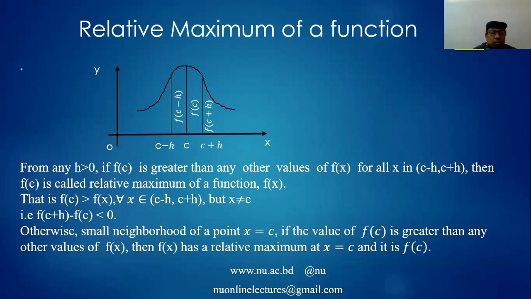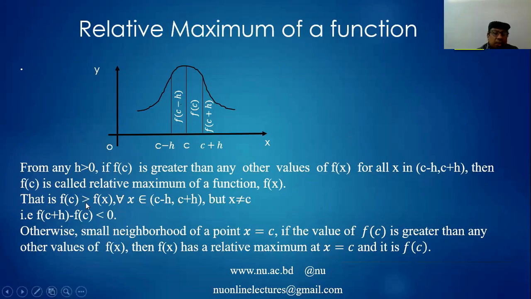For any h greater than 0 we can say that if f of c is greater than any other values of f of x for all x in c minus h, c plus h, that is from the figure, you can explain it in this way, these points to these points, so for all x within the two points, f of c is greater, then f of c is called the relative maximum of the function f of x.